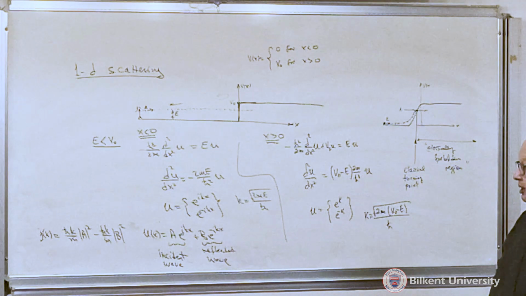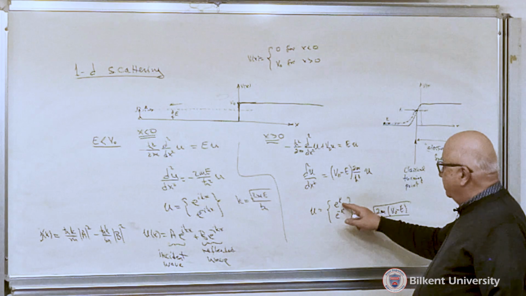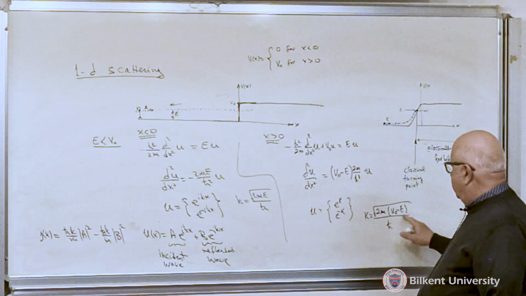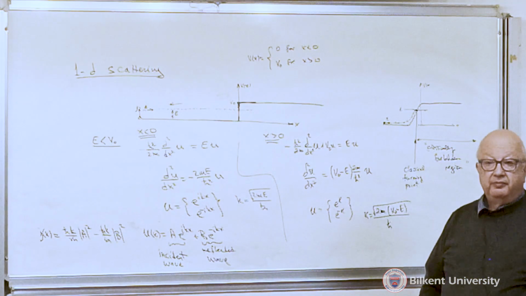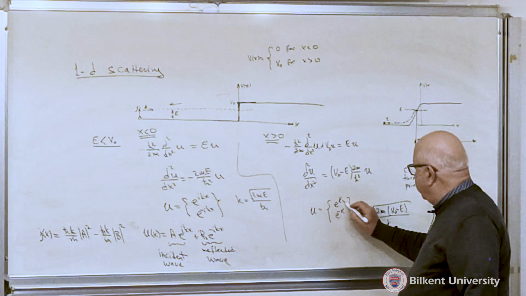If I evaluate the second derivative, it's going to bring down a k squared, which will be equal to this. There is supposed to be an x there, of course. Thank you.